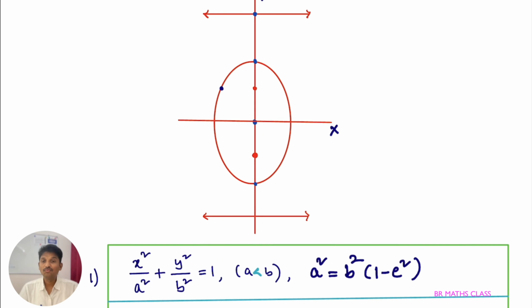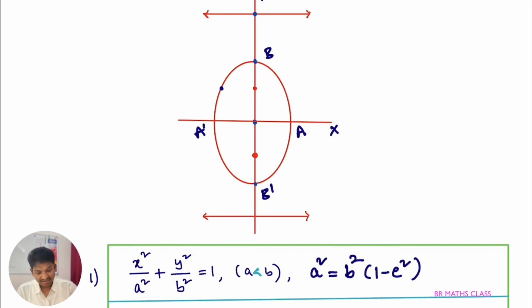See, vertices. What are the vertices? In the last class, we learned that vertices are the ends of the major axis. You observe this length and this length. Which length is bigger? That is the major axis. So here, this is the major axis. Here we'll mark these points, A dash and B dash.